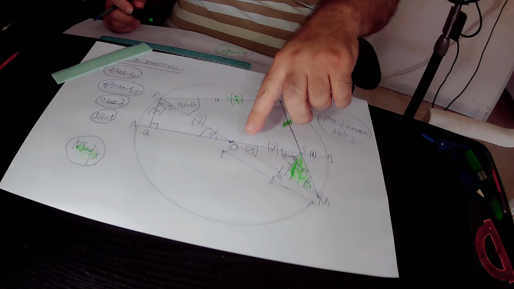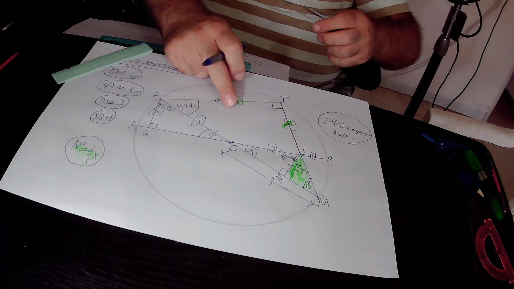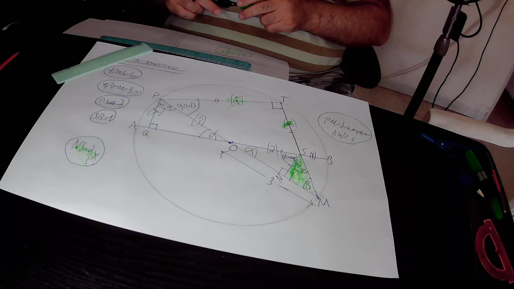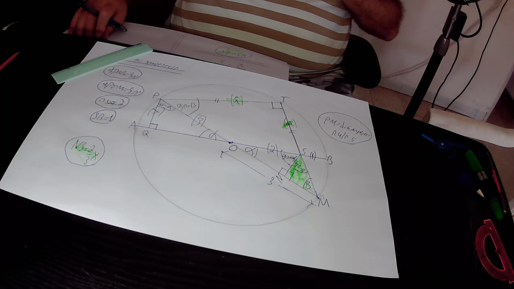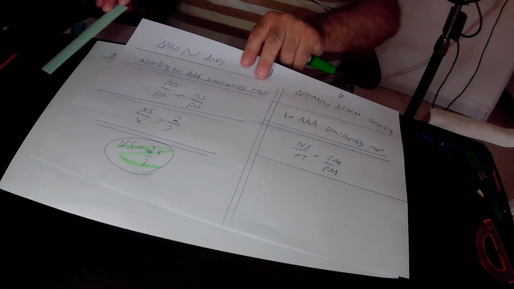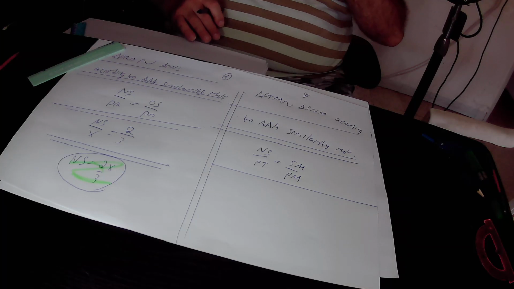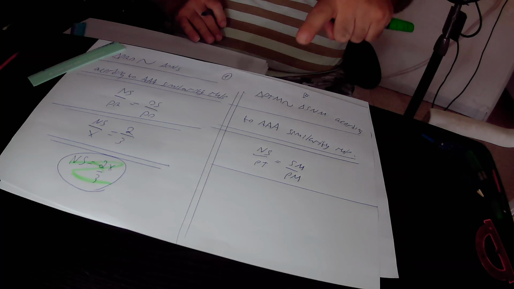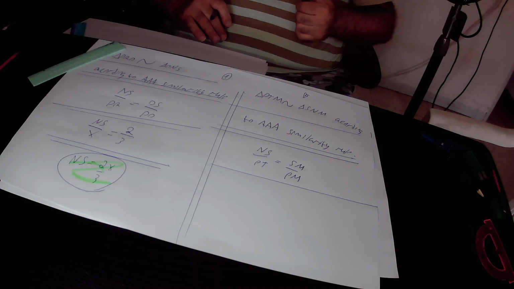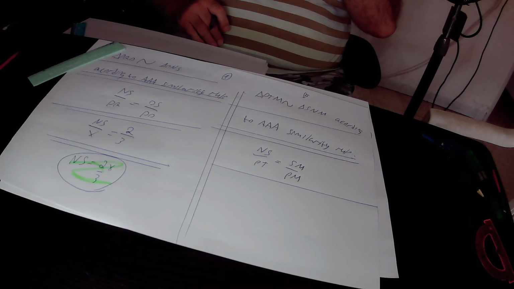So we found out that from the fact that those two right triangles are similar to each other, the following relationship exists between their sides. Side NS of the small green right triangle SNM over side PT of the big right triangle PTM is equal to side SM of the green right triangle SNM over side PM of the big right triangle PTM.